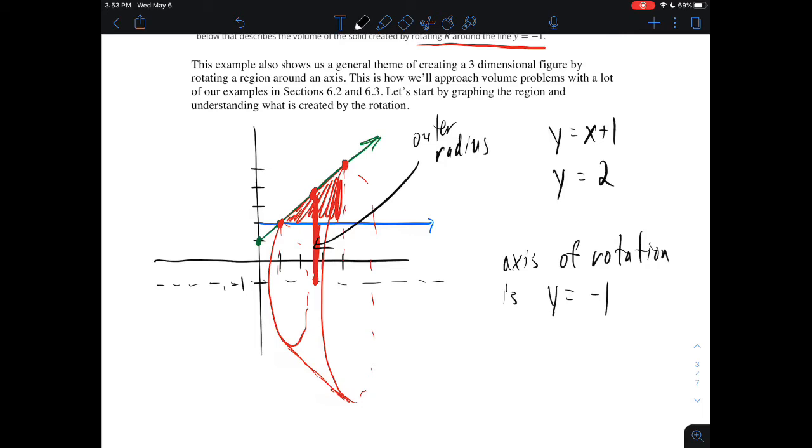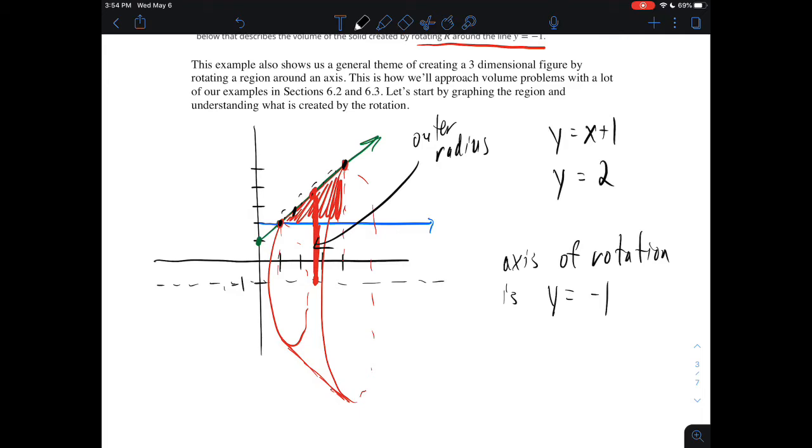The outer radius on the point that's on the lower left part of the triangle compared to the outer radius as you keep moving along that green line, it changes. So this outer radius is not constant. It's going to keep changing. You could do that with different lines to help you visualize the outer radius. You can see that it changes as we move around on that green line.